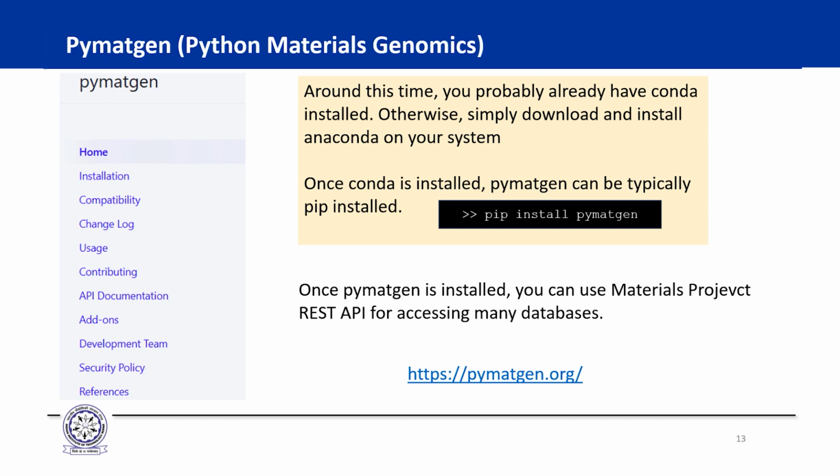You can simply go to pymatgen.org if you want to look at the other details and features of PyMatGen. In fact, even beyond using the REST API, there are lots of other things in PyMatGen which would be really useful for a material scientist, especially if you're in the computational domain. Okay, so we now have a tool in which we can import data from different databases.